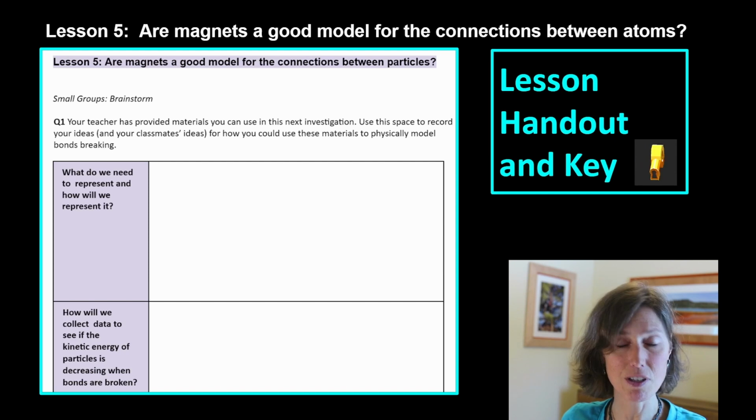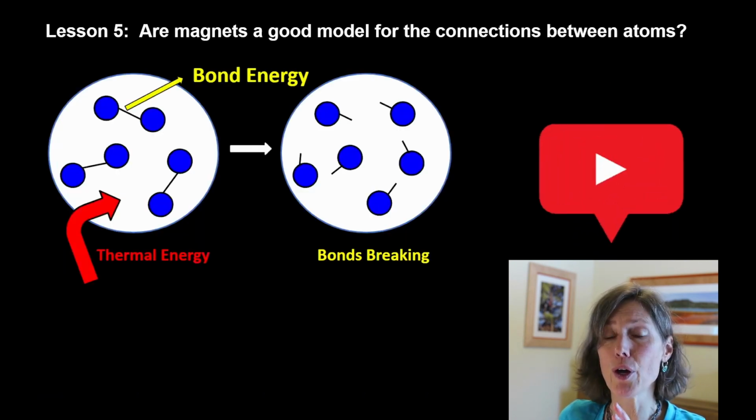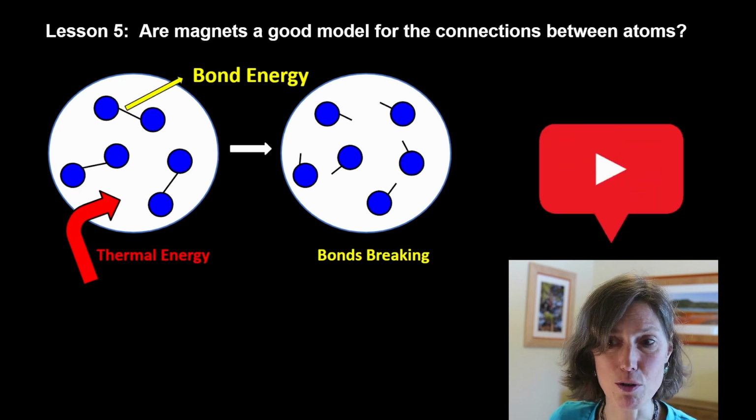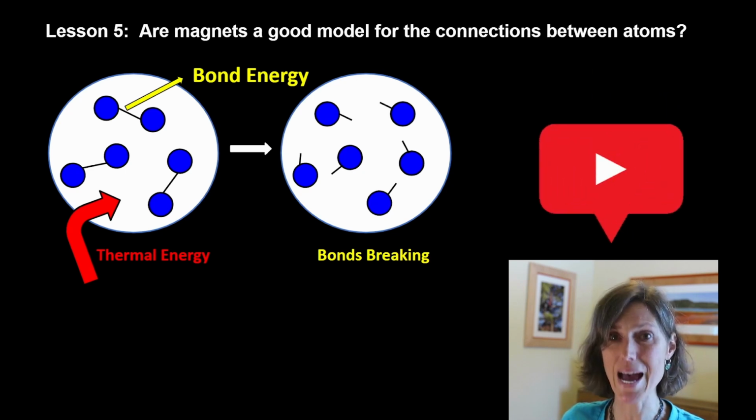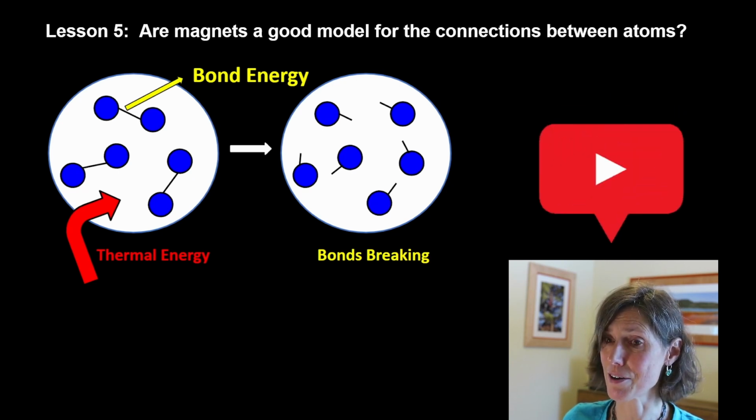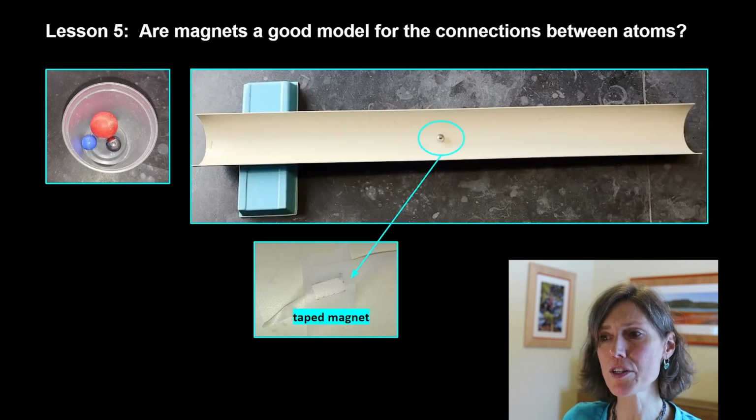Lesson handout, again, key below, we keep going. So this is a reminder that one of the earlier videos I did was showing you exactly this. Are magnets a good model for the connections between atoms? I think they are. So how did I model this with my students?